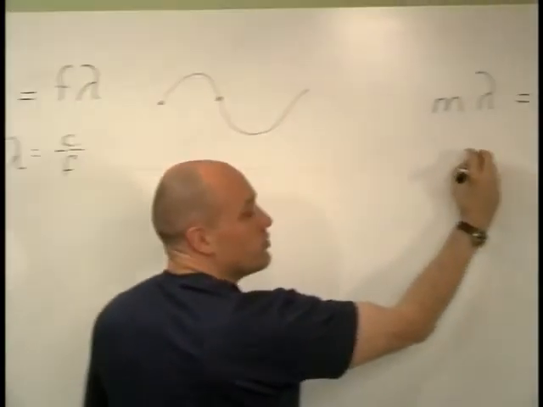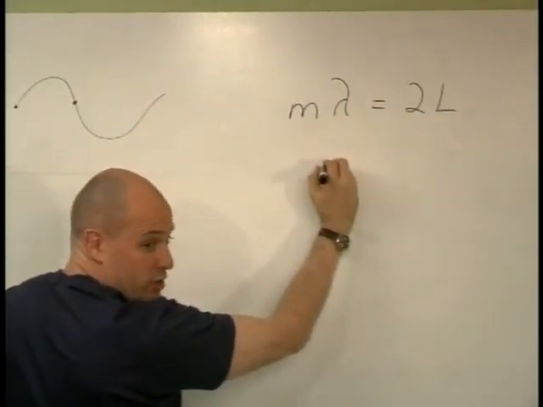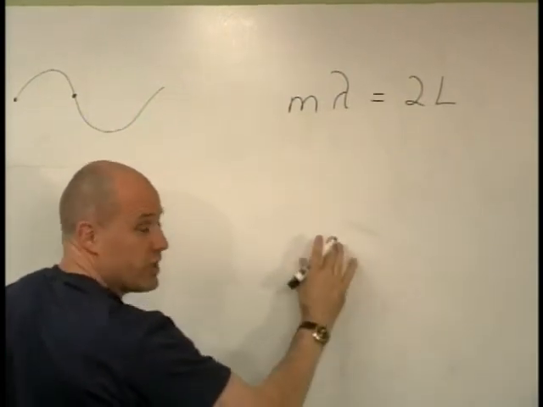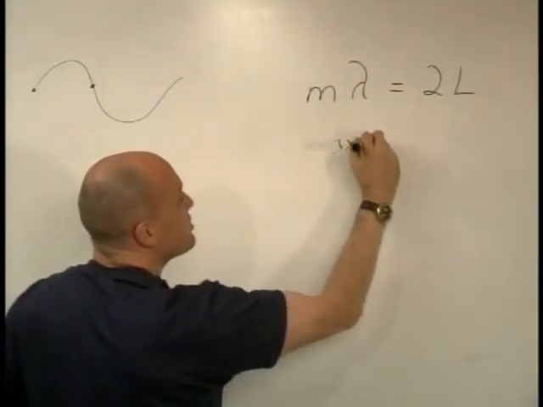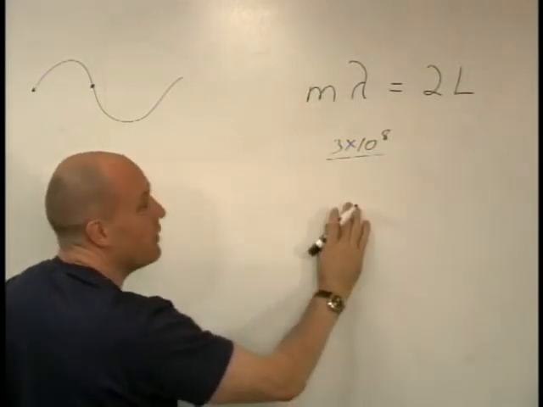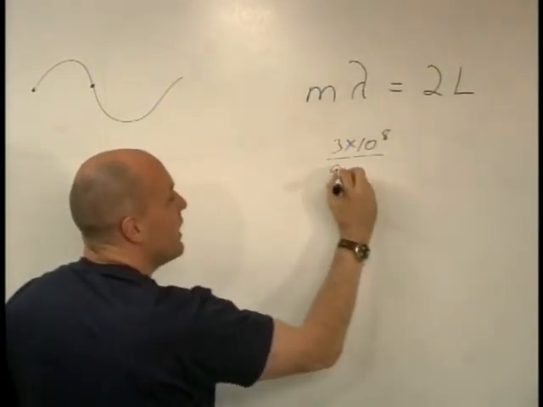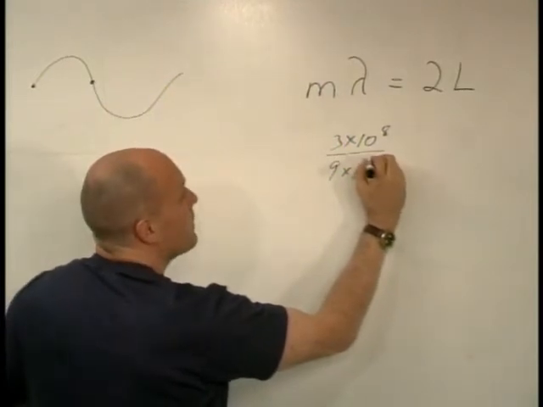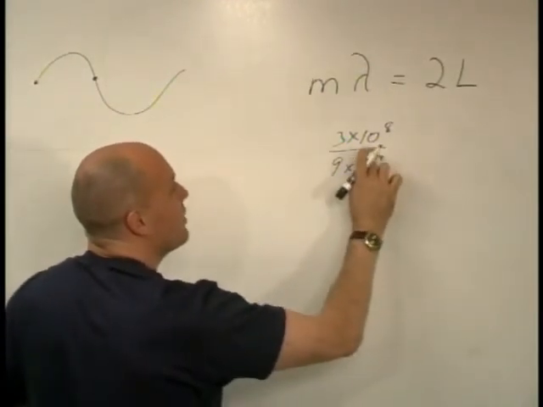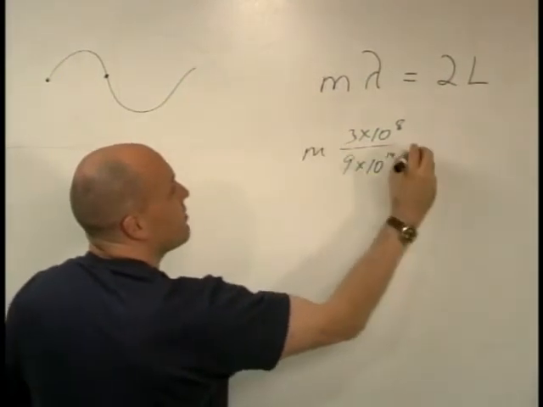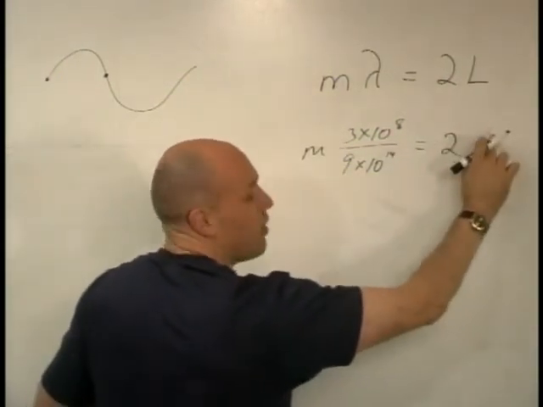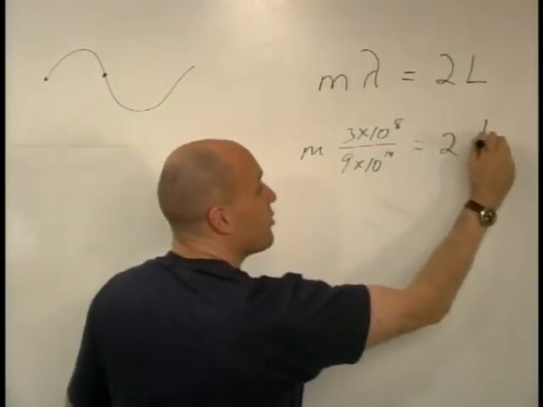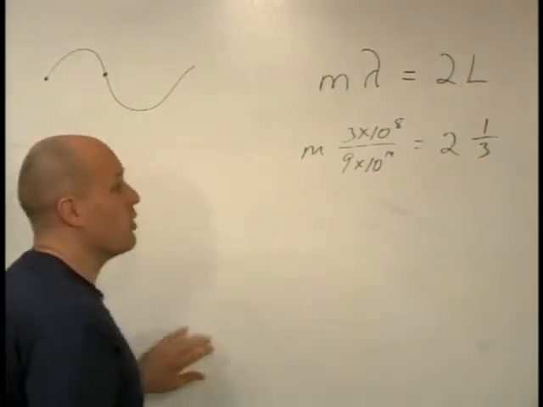In the passage they give us the value of C, which is 3 × 10⁸, but you should also know that. And then F is 9 × 10⁻⁴ hertz, times M. That equals 2 times L, and L is the cavity length, which they gave in the question as 1/3.